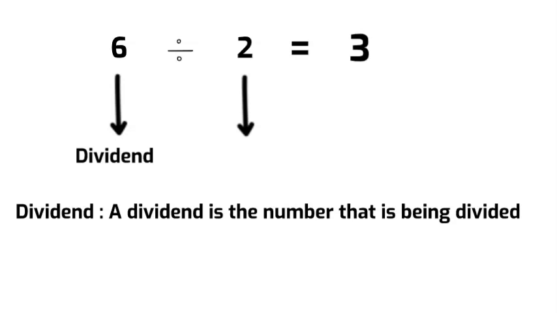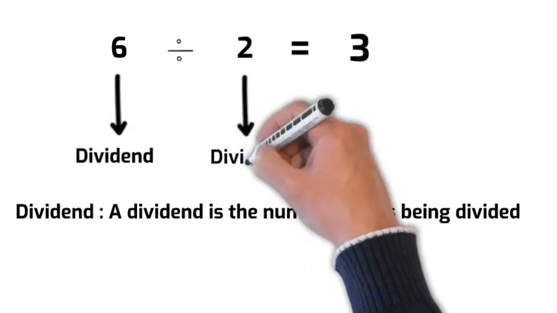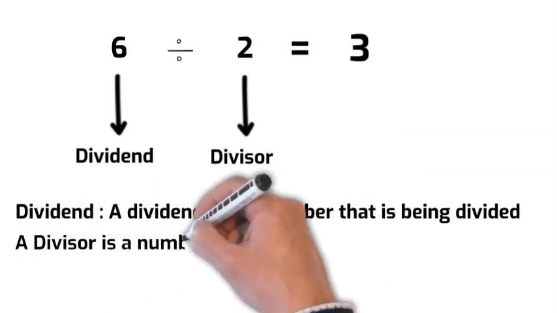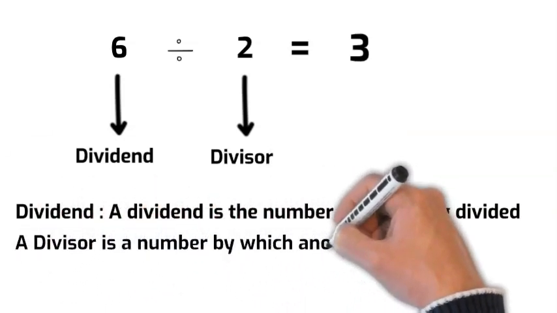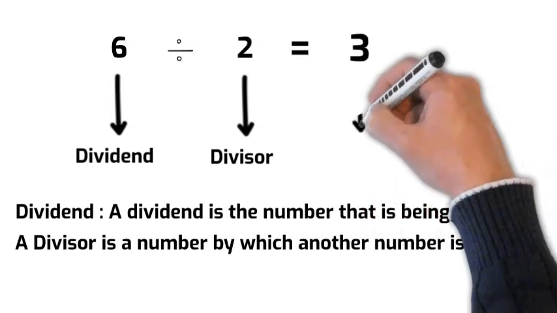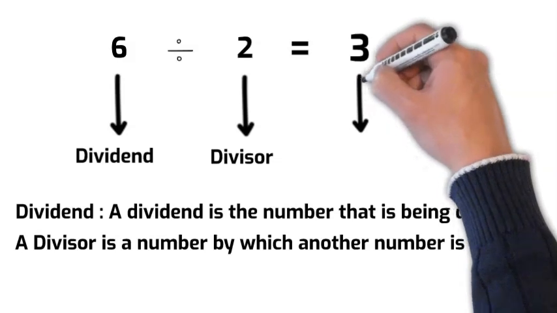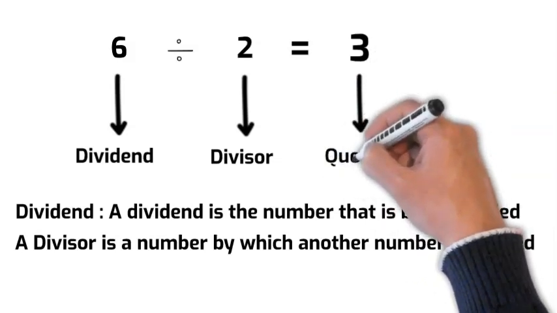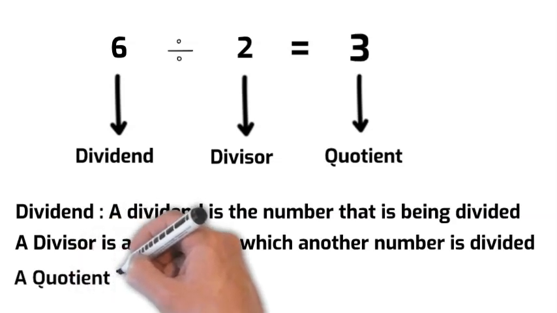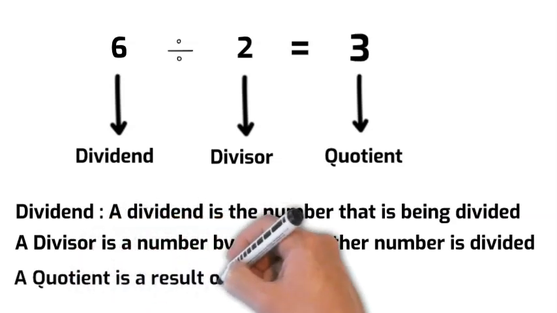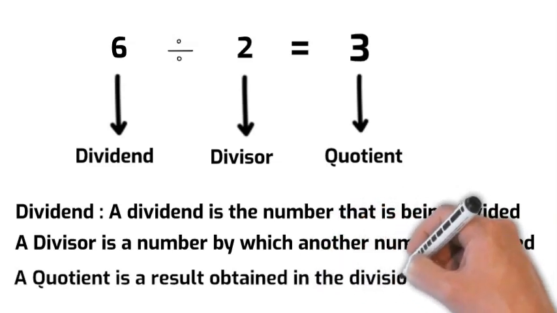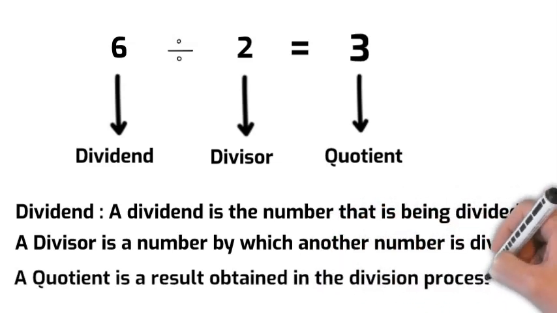While 2 here is called divisor. A divisor is a number by which another number is divided. 3 is our result. It is called quotient. A quotient is a result obtained in the division process.